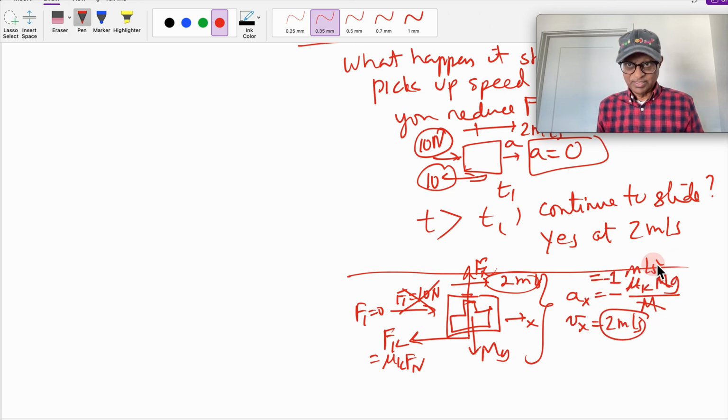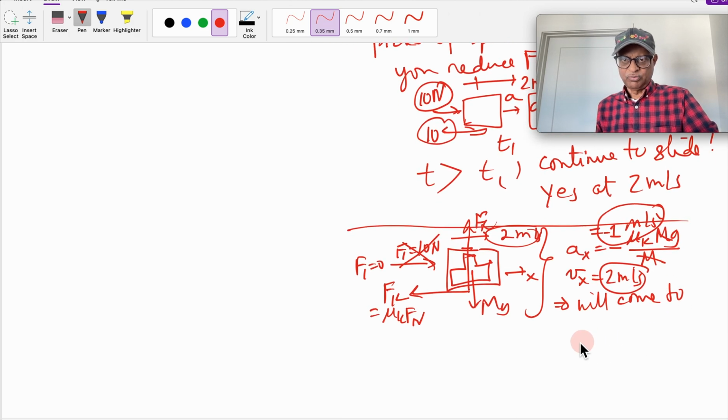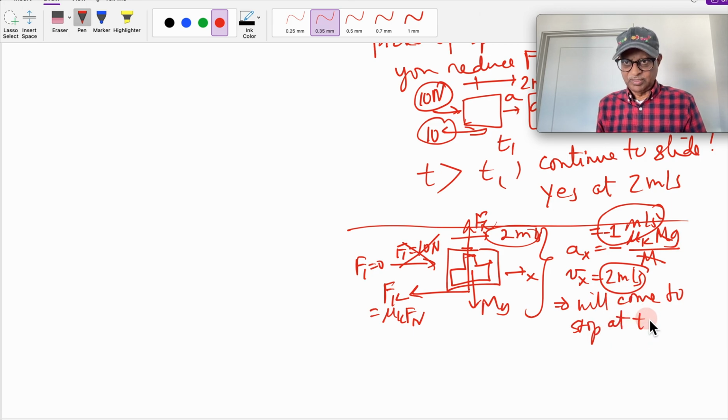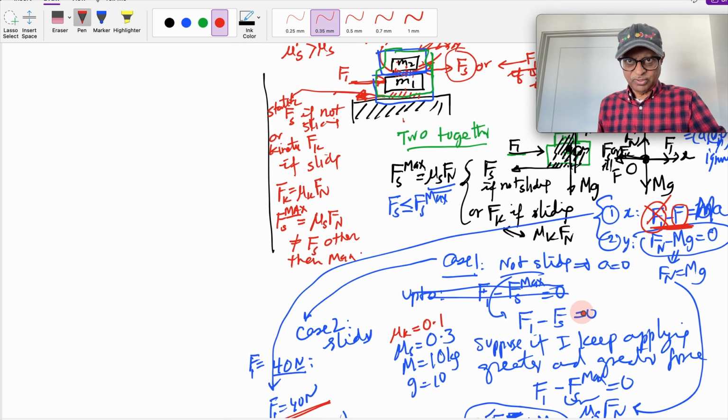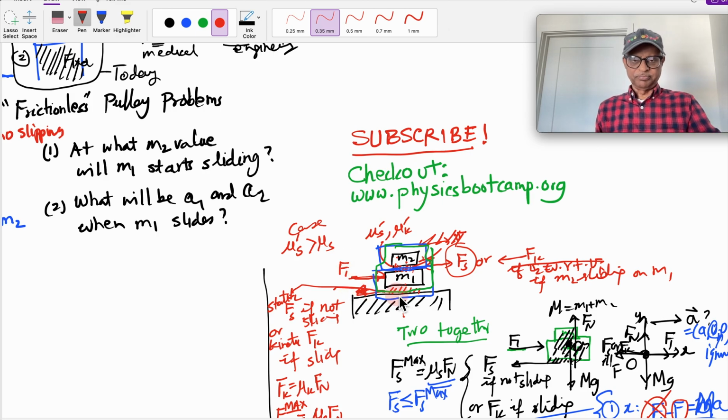It is decelerating at that rate. That means we'll come to a stop at t equals 2 seconds. That's how the whole dynamic will play out for this kind of situation.